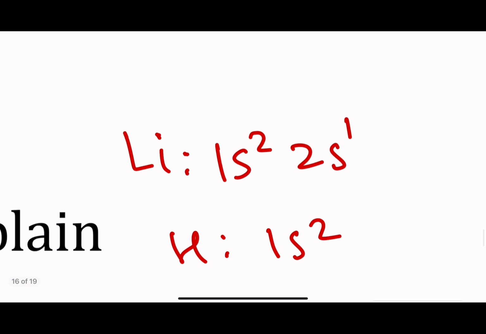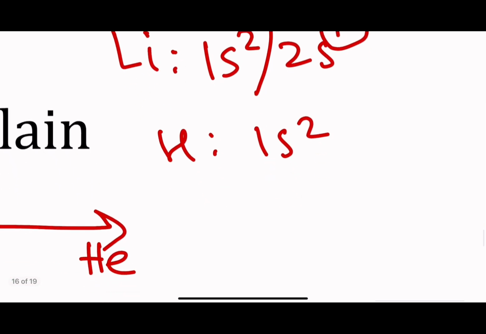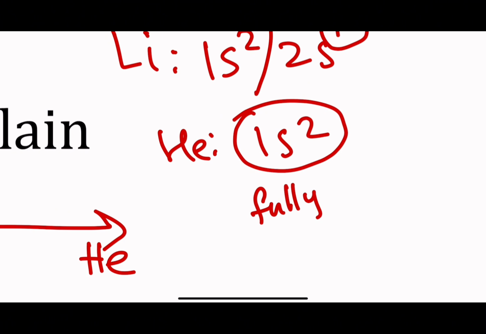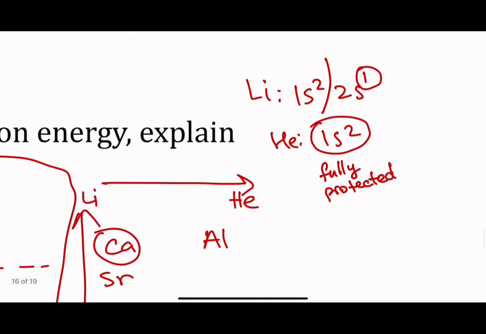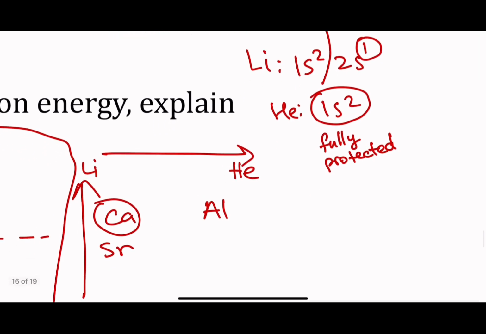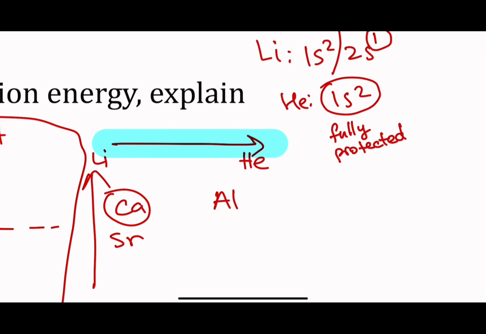Lithium can give out this one electron easily. But helium, on the other hand, only has one shell which is protected. It's fully protected. It doesn't want to give it out. That's why helium will have higher ionization energy, which also reflects itself in the trend.